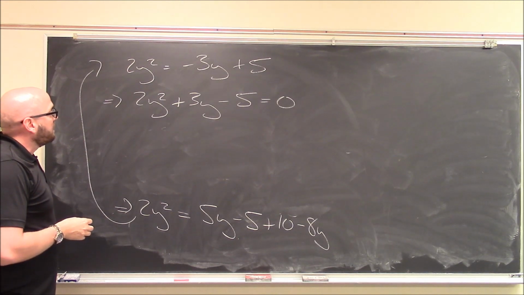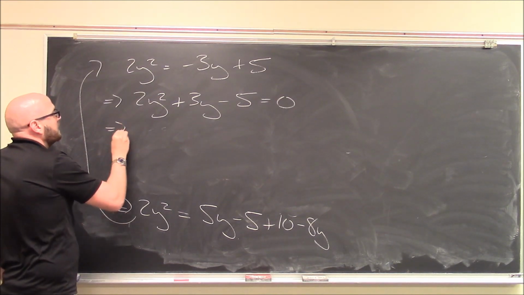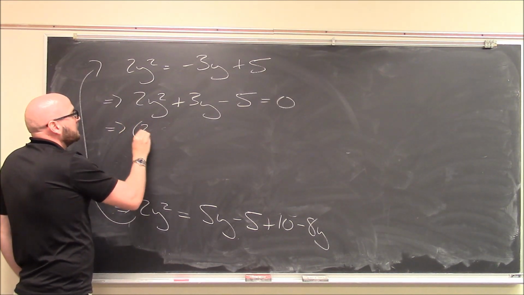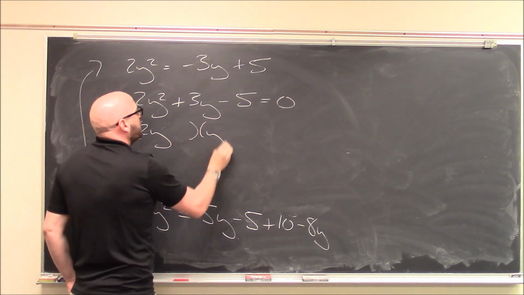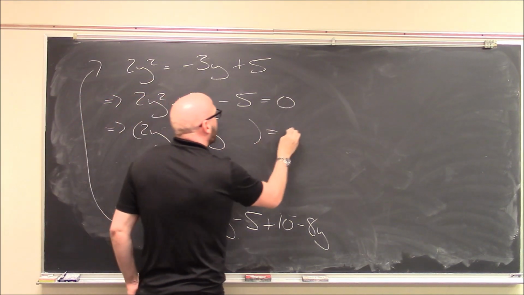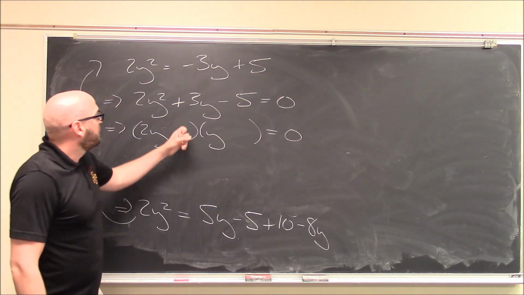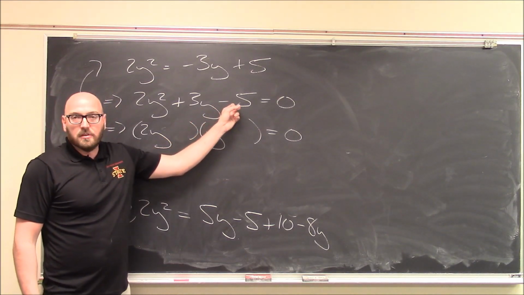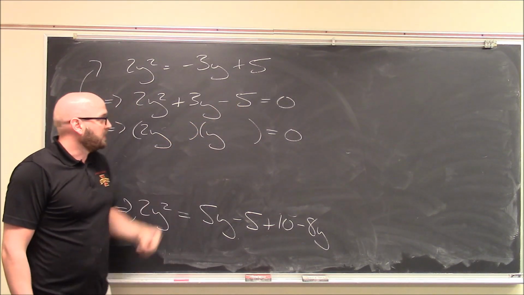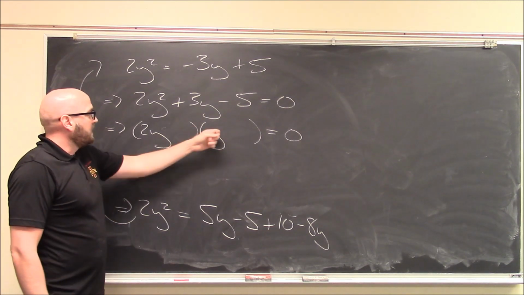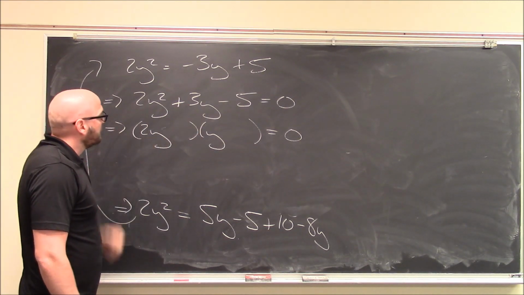And we could try to factor this. So let's go ahead and try and factor. The only way I can get 2y squared is 2y times y. And I need two numbers that multiply together to get minus 5. There's only two possibilities, plus or minus 1 or plus or minus 5. And when I distribute, I get plus 3 in the middle. Let's see.